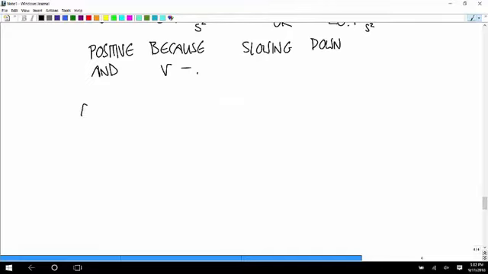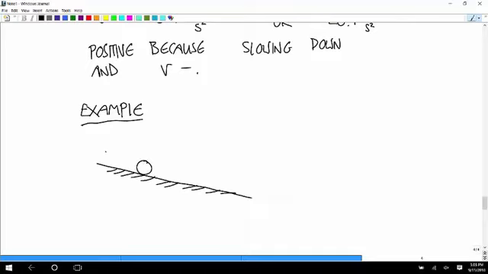Okay, let's do another one. So let's say there's a ball rolling down a ramp. And when it gets to the point A, the speed of the ball, let's say it's going 2 meters per second.